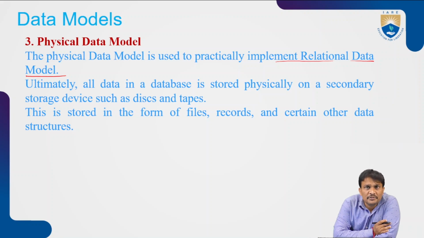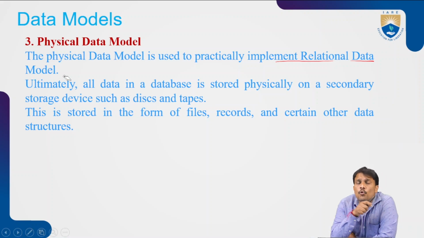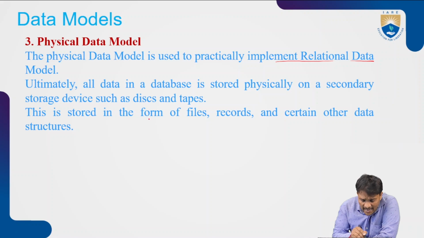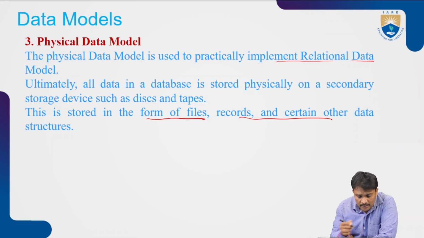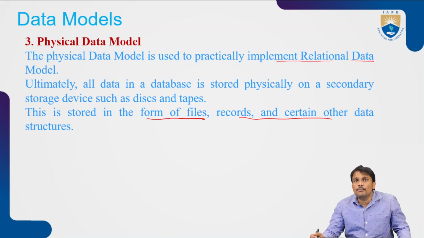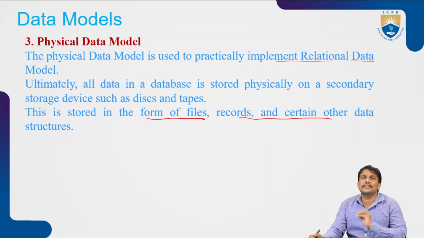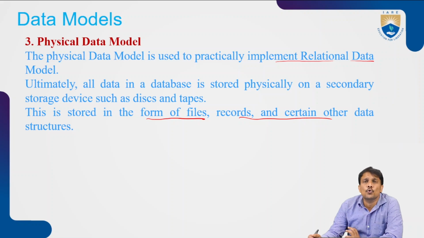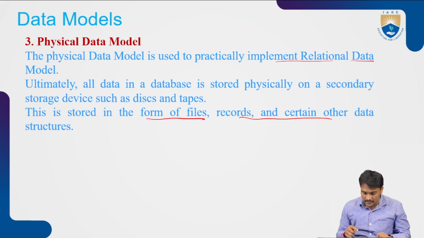The data is stored physically on secondary storage devices like disks and tapes. This storage is in the form of files, records, and certain other data structures. So this is about the physical data model. Simply, the data can be stored in the database physically on secondary storage devices like disks and tapes.